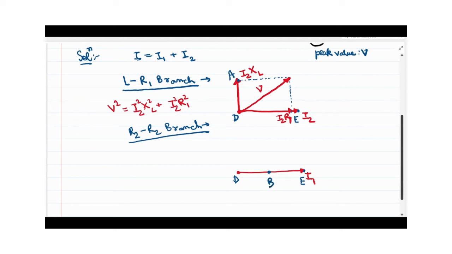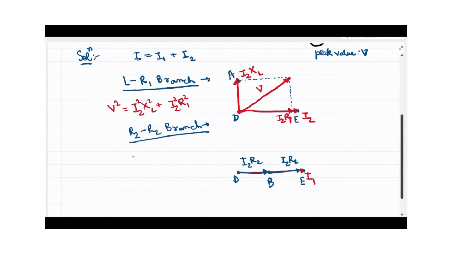Now, why I'm marking the midpoint is because both the resistances are R2, so the magnitude of the voltage would be equal, I1 R2, and even this would be I1 R2.